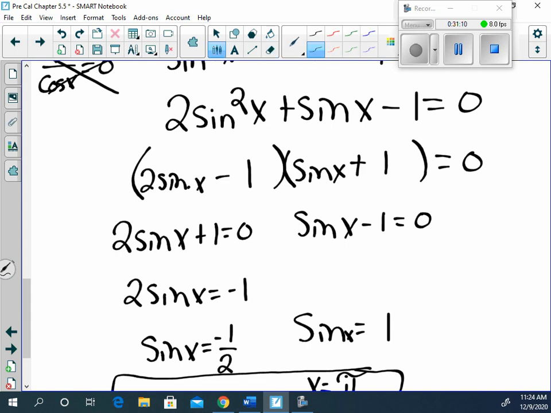They're flipped, because 2 times 1 would give us positive 2. I had it as negative sine. But really all that does is it changes it to positive 1/2 and negative 1.